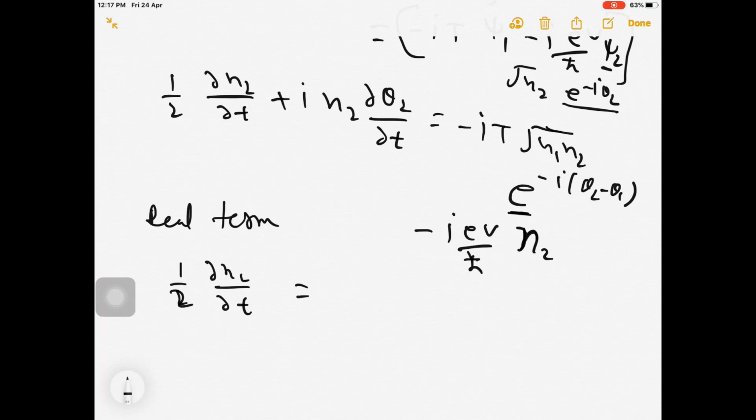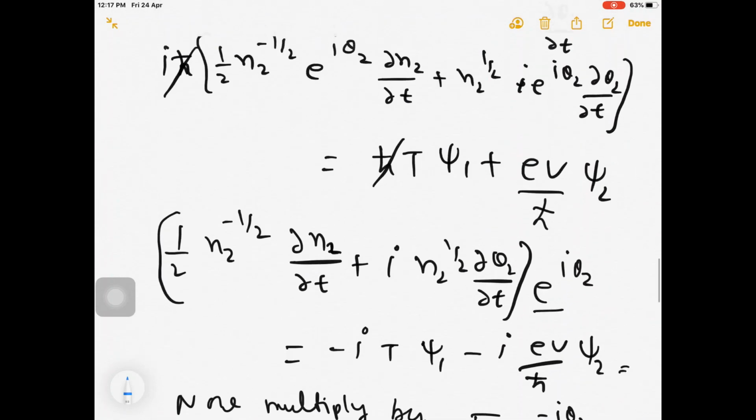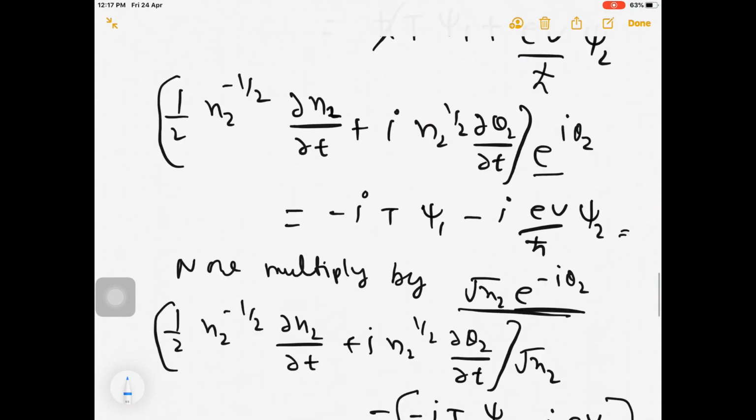Here is e^(−i(θ2 − θ1)), so I can write it like e^(−iφ), and this can be written as cos φ − i sin φ. So −i times −i sin φ will be again minus, so this will be T√(n1 n2) sin φ. This is the next equation, equation number 5.